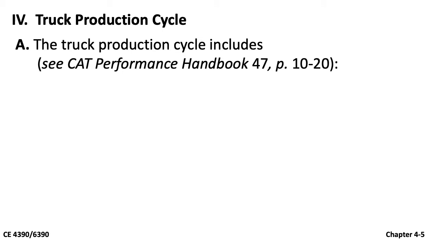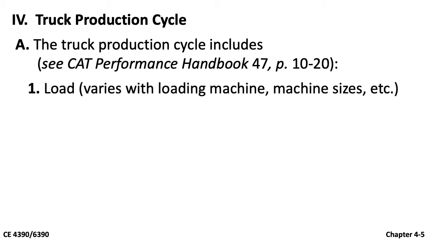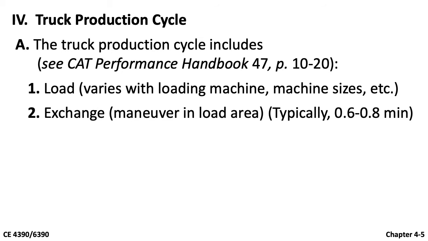Section 4, a truck production cycle. So you can see the definition of truck cycle in Caterpillar Performance Handbook 47, page 1020. The truck production cycle includes number 1, load, number 2, exchange. It refers to the maneuver time in the loading area.